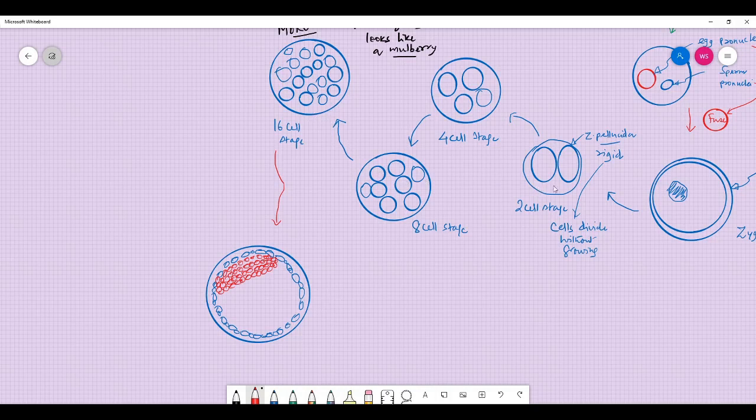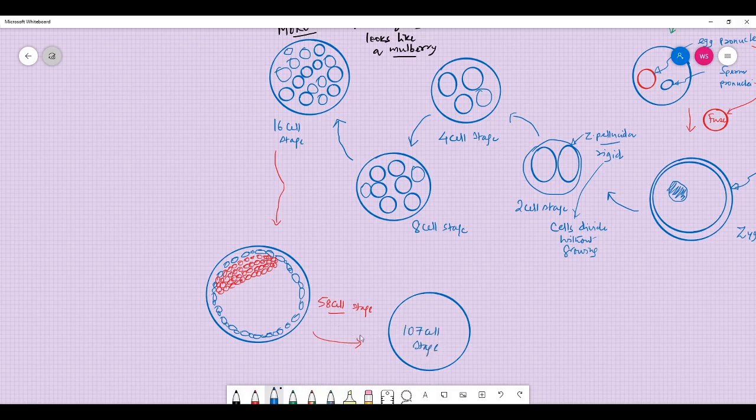Initially these cells are of similar morphology, but after the 16 cell stage, let's call this the 58 cell stage. The number of cells might not be 58, but I'm trying to depict this as a 58 cell stage, and this stage again becomes a similar, this is the 107 cell stage.